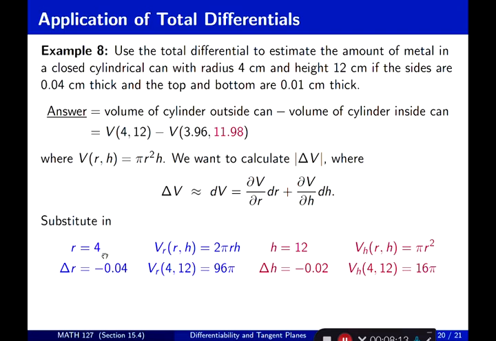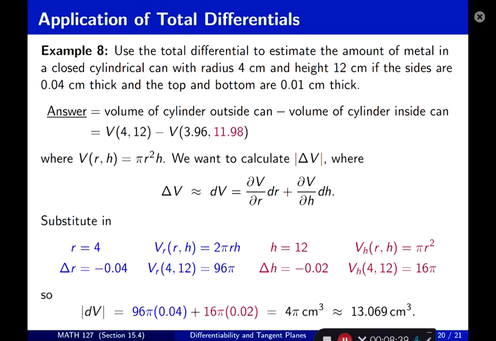For r equal to 4, h equal to 12, the partial with respect to r is 2 pi rh, which at 4 and 12 is 96 pi. The partial with respect to h is pi r squared, and if I plug in 4 and 12, I get 16 pi. Set up the equation, and we get 96 pi times 0.04 plus 16 pi times 0.02.